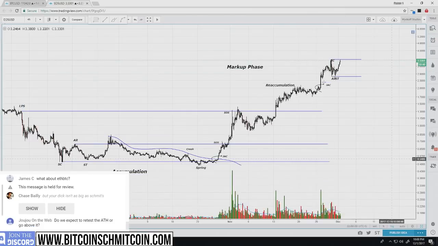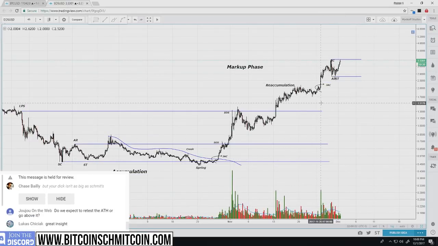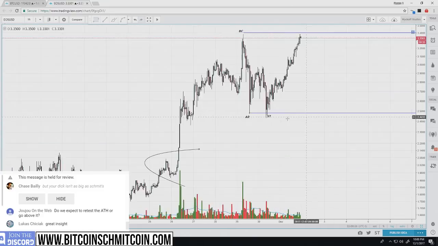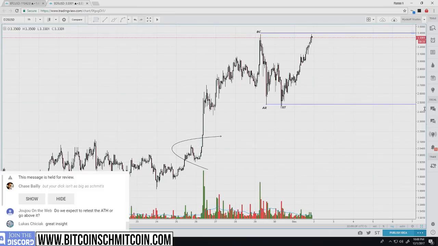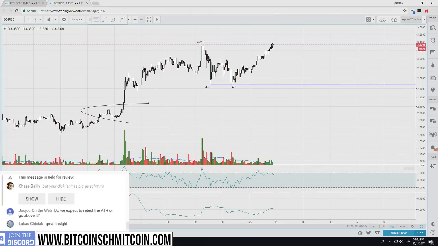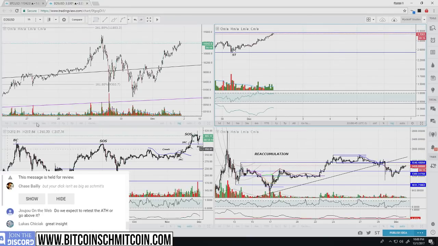So if we zoom in closer to our reaccumulation phase for EOS, we see something on the 60-minute like this, which looks very similar to Bitcoin right now, where we have our buying climax, our automatic reaction, our secondary test, and now we're meandering upward. And I need to actually update this, where this is going to be a sign of strength right here, right?